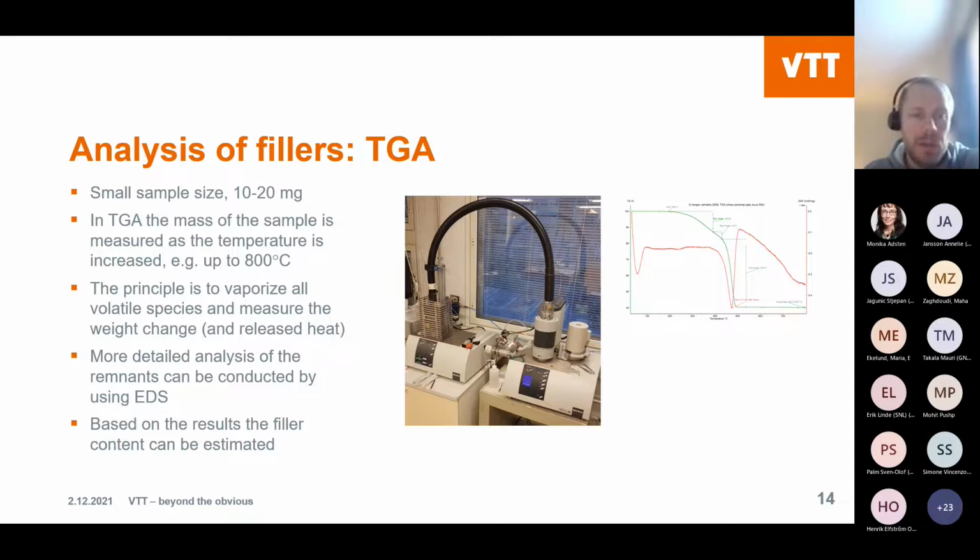In principle, the idea is to evaporate every volatile species present in the material. So basically, what we have left is the filler material, which does not evaporate in these temperature ranges.